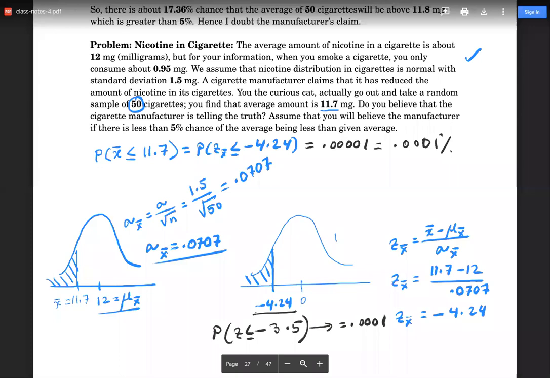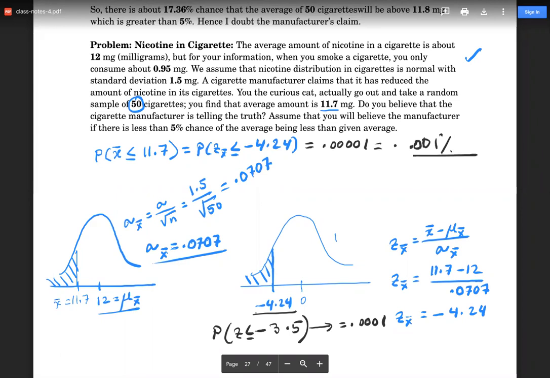So 0.00001, times 100. So this should be 0.001%. Okay.